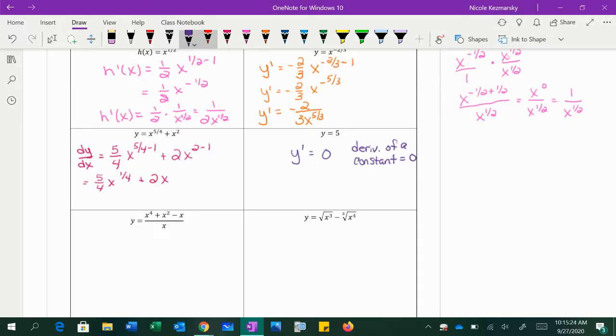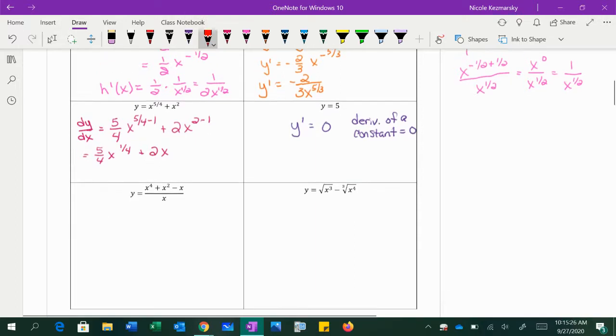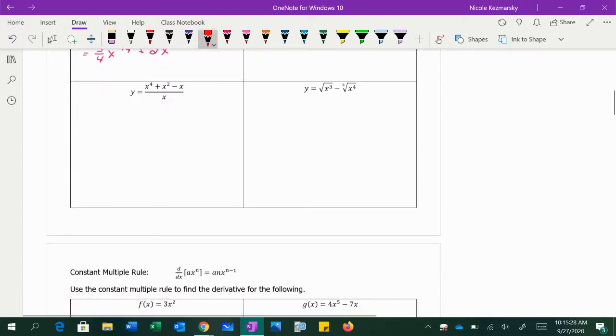All right, so next one. With this one, we've got a quotient, but we don't know how to do the quotient rule yet with functions that are defined. So let's try this with the power rule. So what I'm going to do is I'm going to rewrite y. I'm not taking the derivative yet.